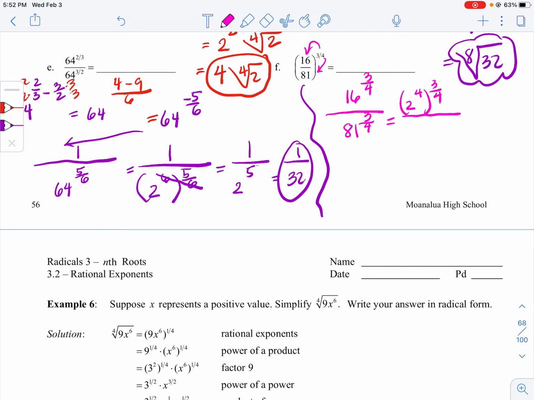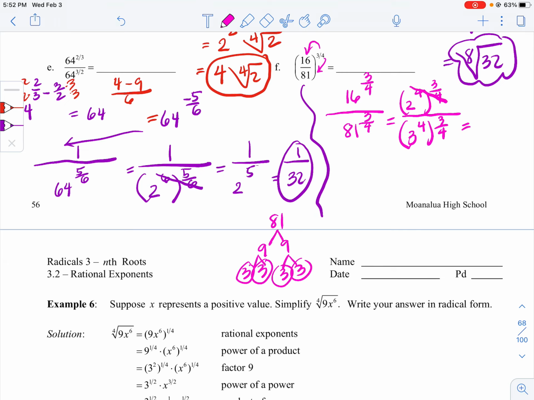And for 81, that's 9 times 9, 3 times 3, 3 times 3, 1, 2, 3, and 4. So you have 3 to the power of 4, and then the power of 3 over 4. So you can cancel that, right?